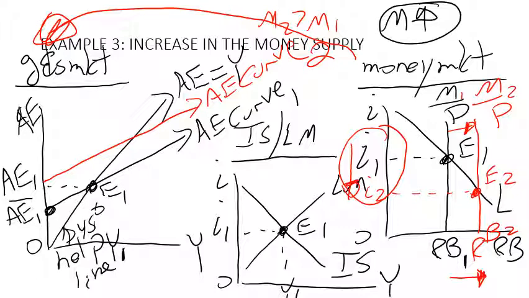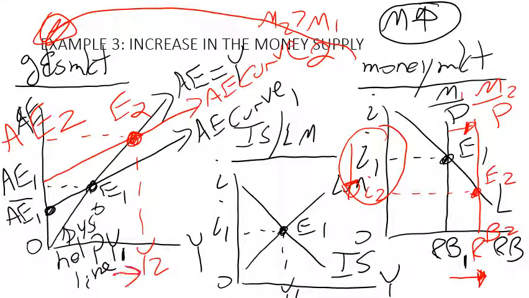All right, so what happens here? Well, we have a new equilibrium, which means that aggregate expenditures have gone up, and which means that GDP has gone up. All right, so AE1 to AE2. But our concern is mainly here, right?